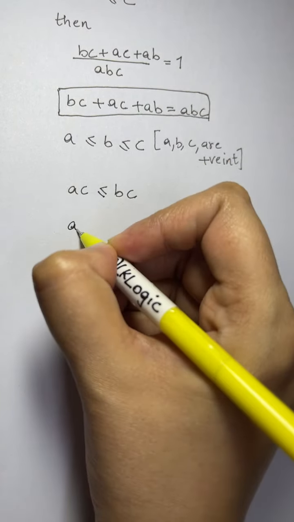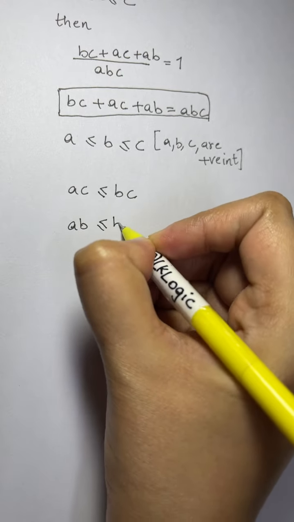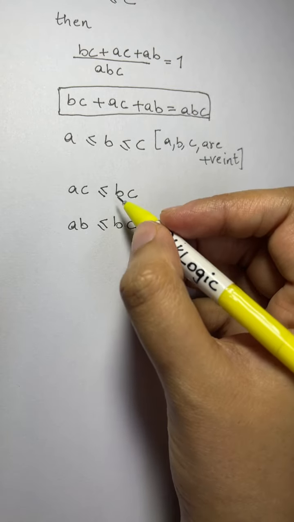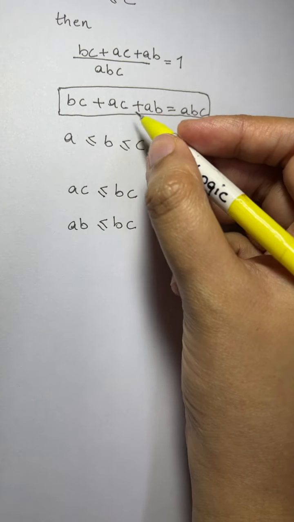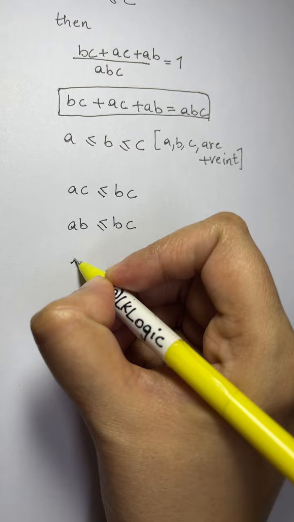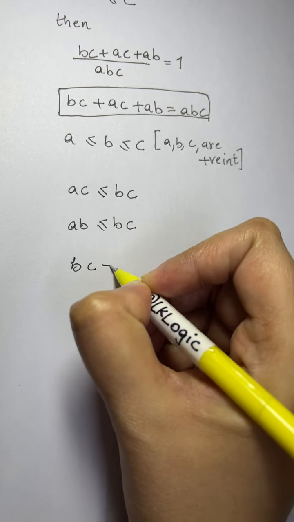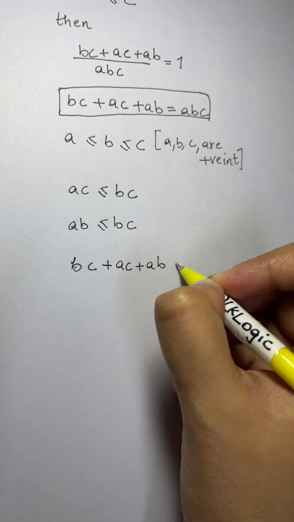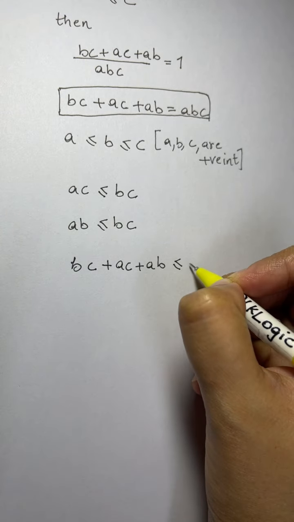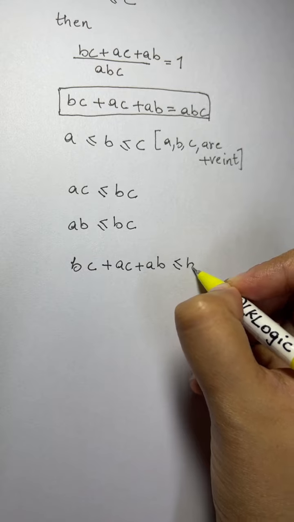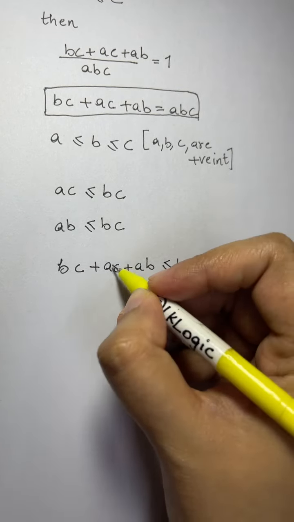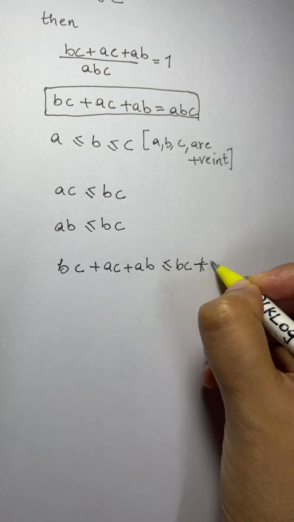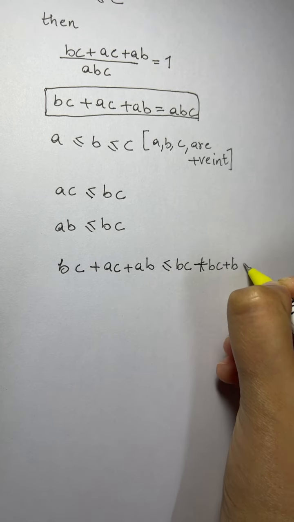Also you can say ab is less than or equal to bc. So what do you get? You have bc plus ac plus ab, right? So bc plus ac plus ab is less than or equal to bc plus bc plus bc.